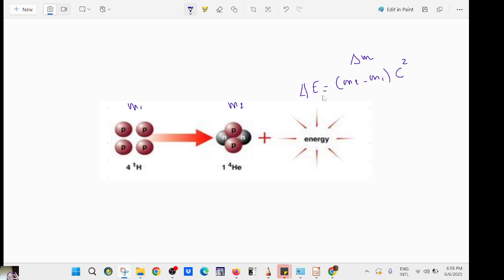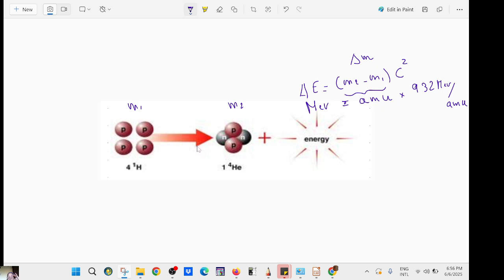Now, if you want that energy released in the unit MeV, which is typical for nuclear reactions, then for the mass you can use a different unit, the atomic mass unit, and c squared will be 932 MeV per atomic mass unit. The atomic mass unit is the mass of 1 proton or 1 neutron.